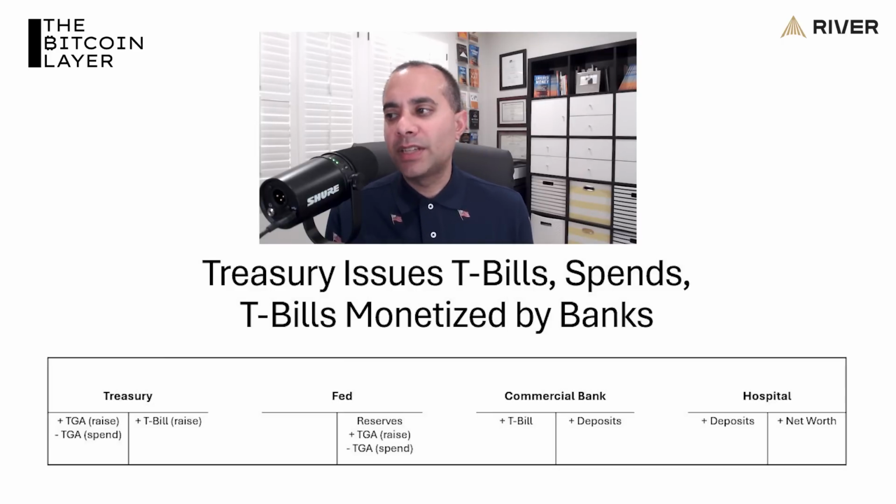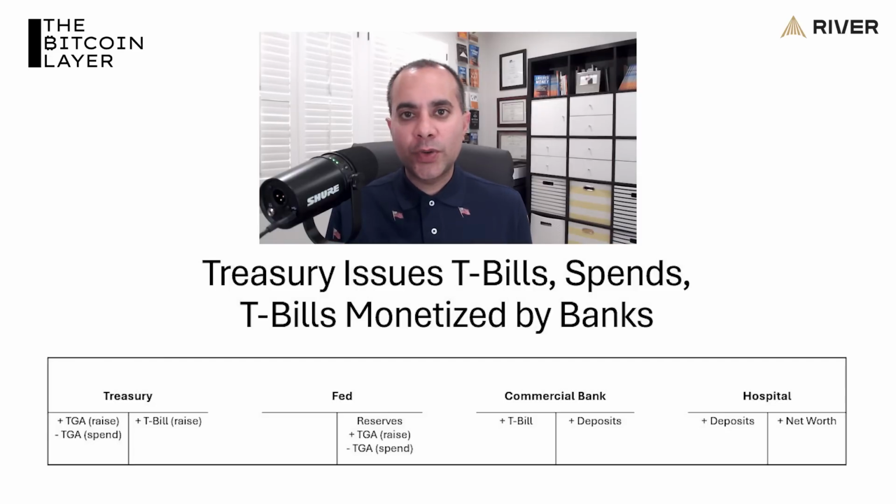And then on the asset side, what's happening with Wells Fargo is that Wells Fargo is gaining a reserve from the Treasury Department when the Treasury spends money and then creates a reserve balance at the Fed. So let me say that again. The reserve balance at the Fed goes up when the Treasury spends money.